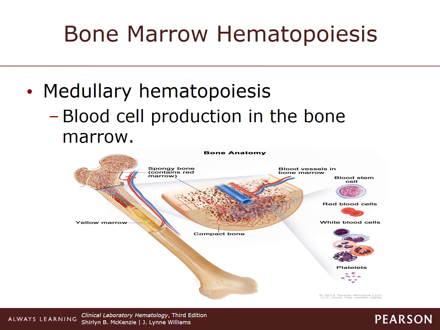Once they mature, they egress, or come out of the bone marrow, to go into peripheral circulation. Any cell made within the bone marrow is called medullary hematopoiesis. If there are hematological cells made outside of the bone marrow in organs such as the liver and spleen, this is called extramedullary hematopoiesis.